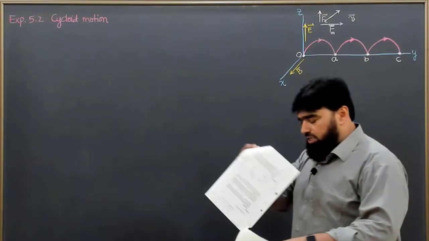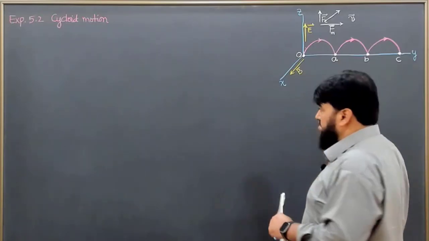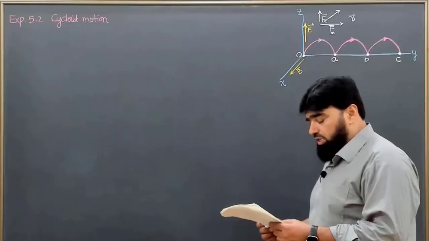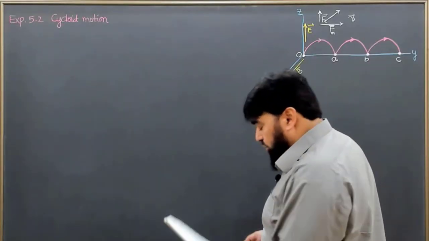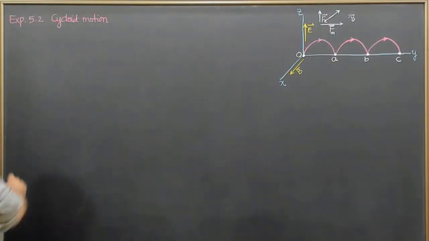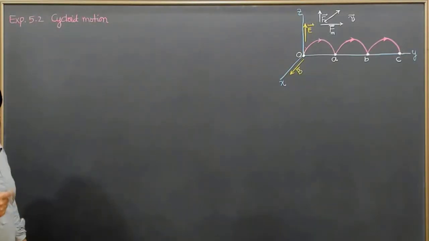So this is the descriptive part. Let's now quantify things and write the equations for this motion. We know that there is no motion along the x-axis. The motion is in the y-z plane.